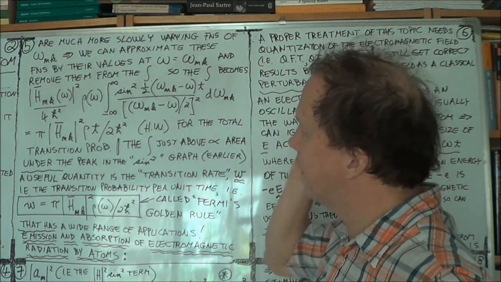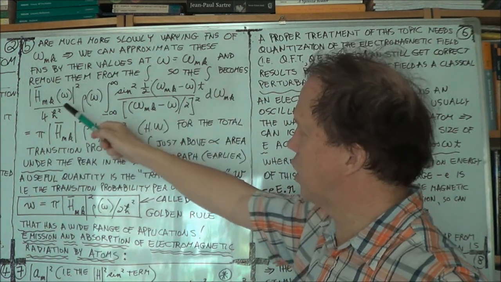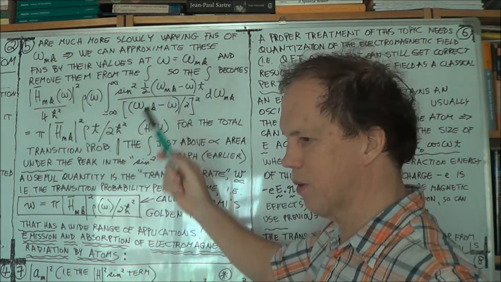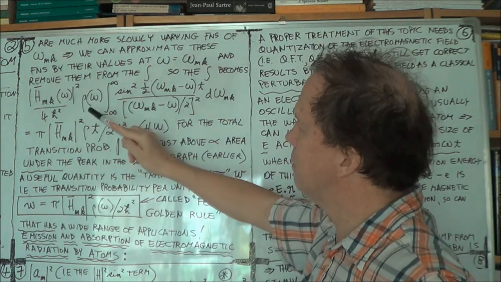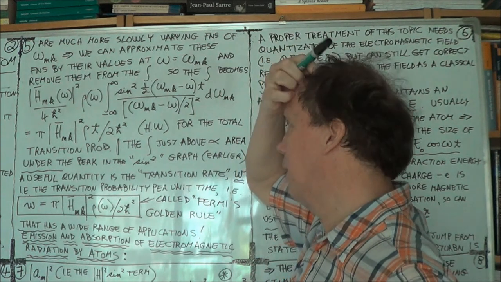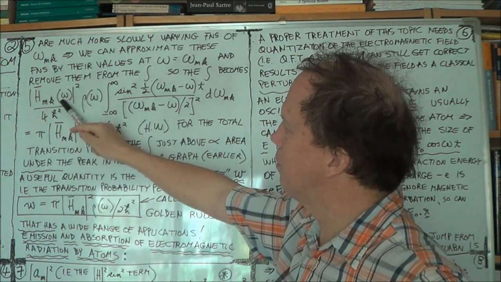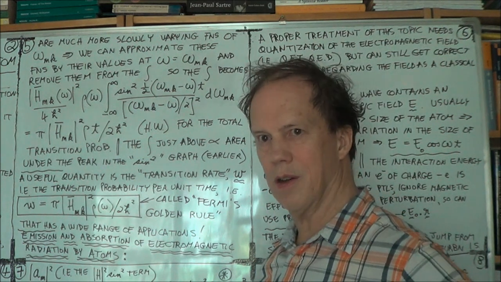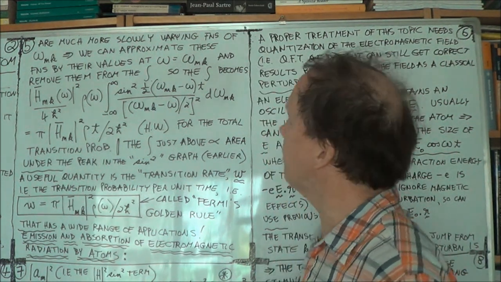Because they're changing so much more slowly than the A_m squared, which peaks, you can approximate and bring them outside the integral, and where this omega is, you can approximate it just as omega_mk.